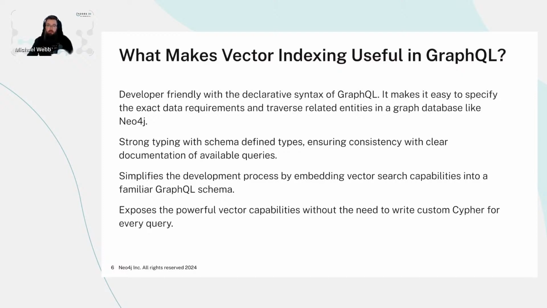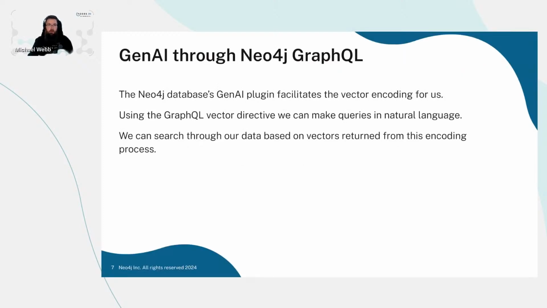With strong typing, with schema-defined types, it ensures consistency with clear documentation of available queries. It simplifies the development process by embedding vector search capabilities into a familiar GraphQL schema. And of course, it exposes the powerful vector capabilities without the need to write custom Cypher for every query yourself. That's the big thing.